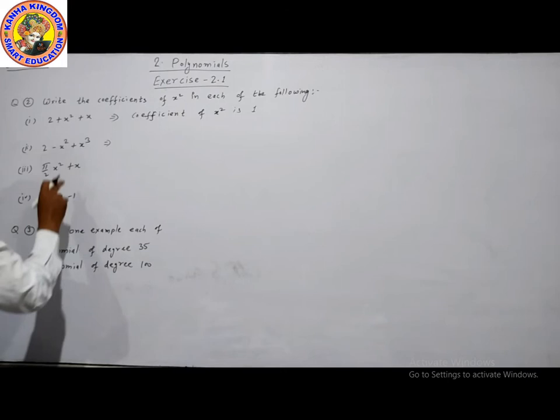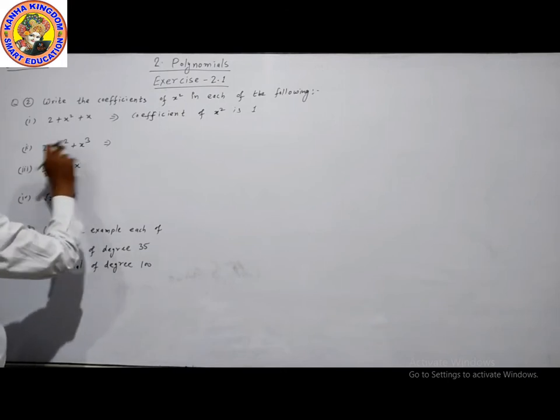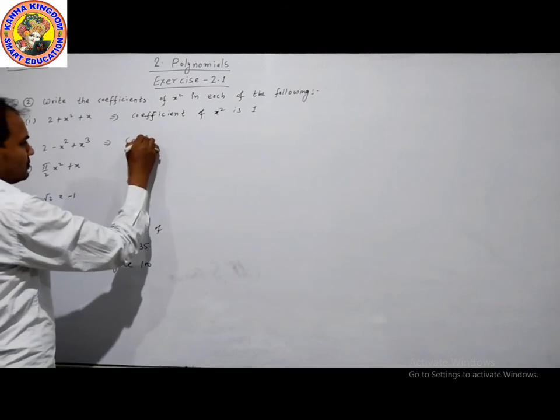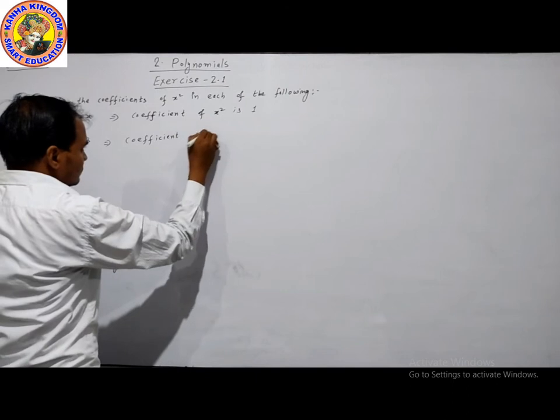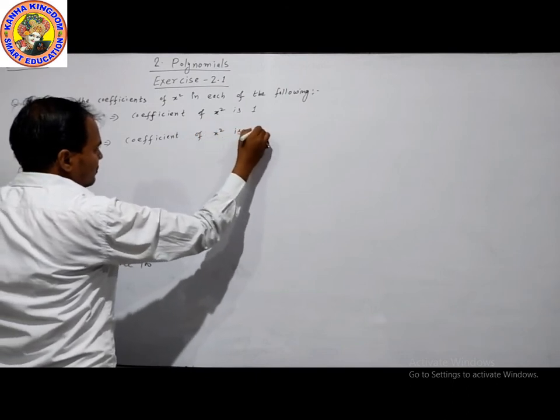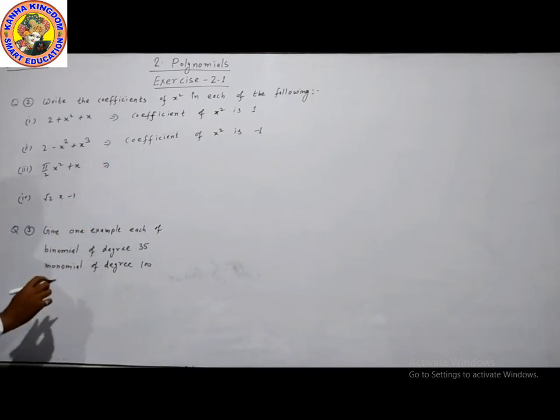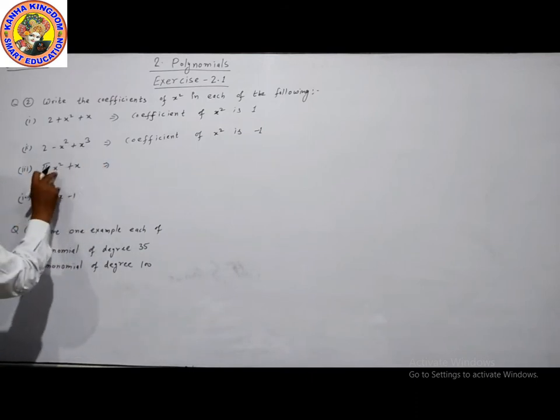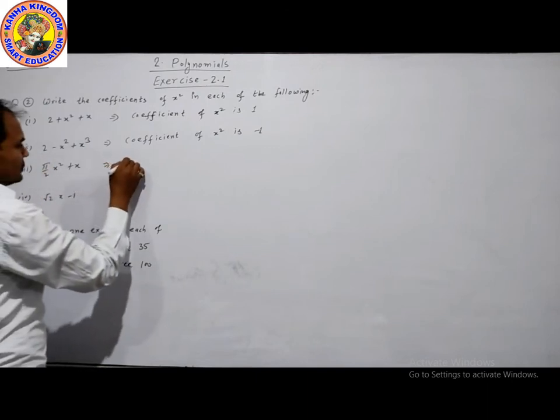In next, what is the coefficient of x square? X square coefficient is minus 1. Coefficient of x square is minus 1. Now in this, what is the coefficient of x square? Coefficient of x square, multiplier of x square, is pi by 2.